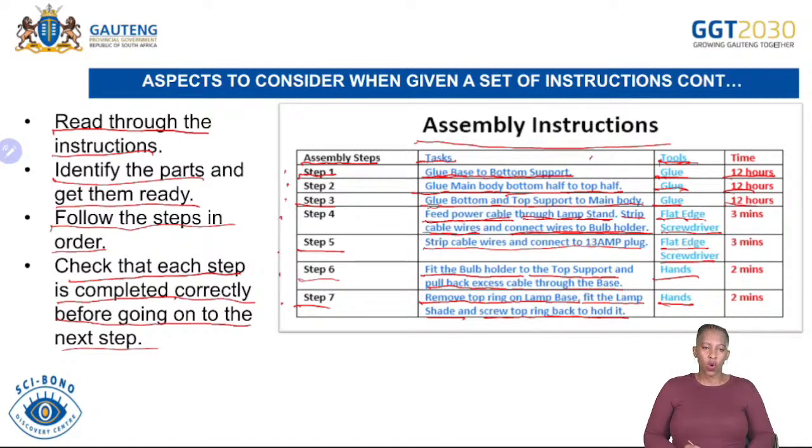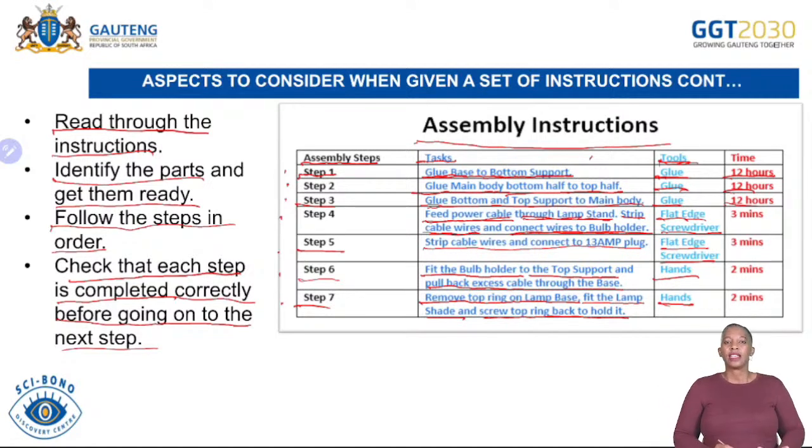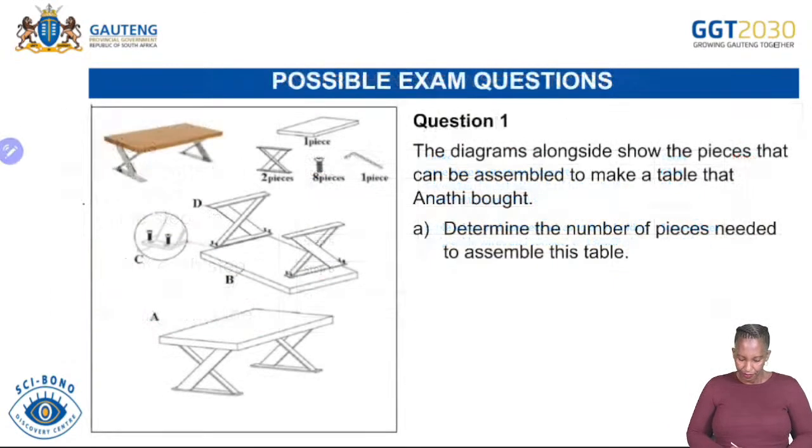You must know that, okay, from this step, this is where I must go. From this step, this is where I must go. And then at the end, this is the desired item or the results that I am to get. So if I don't get that desired result, that means I've gone wrong somewhere in my steps. Then I must go back and redo it up until I get it correct. I hope we are still following each other, boys and girls.